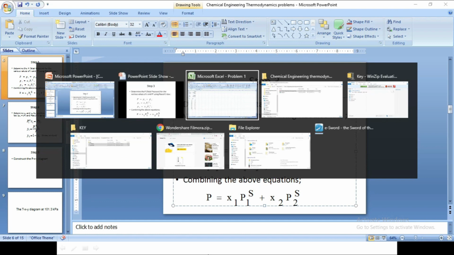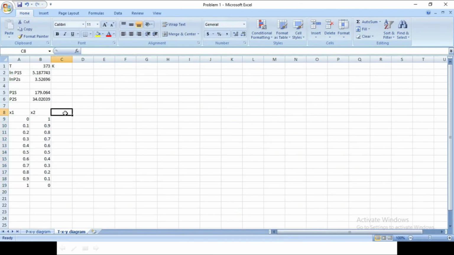I am going to use this formula to determine total pressure for the various mole fractions. Total pressure equal to x1 multiplied by P1s plus x2 into P2s. I am going to make a small adjustment in the formula. I am going to put the dollar symbol in front of B and before the row number, in order to lock the cell for the entire column.